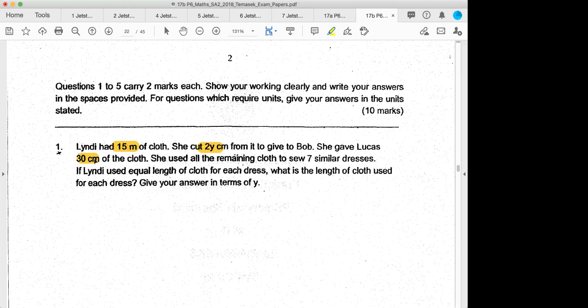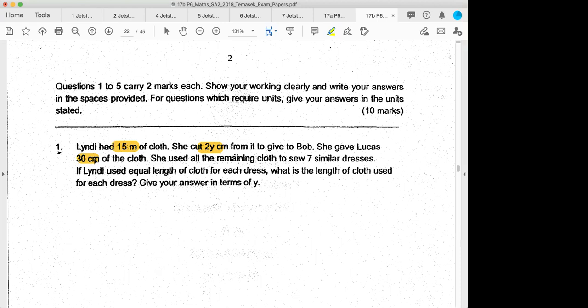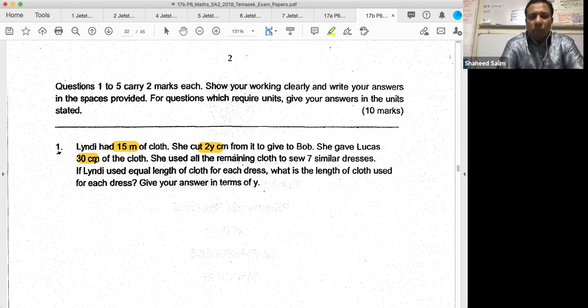Is it 15000 for the, if meter change to cm? Yeah. 15 meters, you change to cm is correct. 1500.